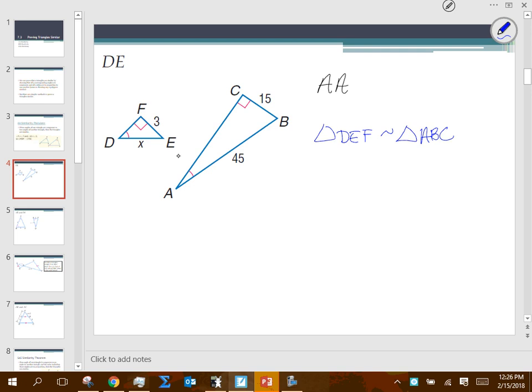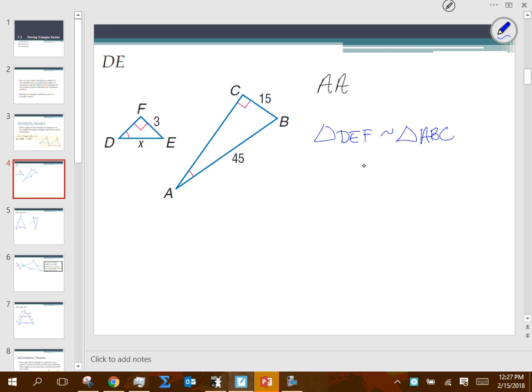But if you do that, be cautious, because if angle E was congruent to A, and now I try to compare right to right and bottom to bottom, I run into an issue doing that. Does that make sense? Okay.